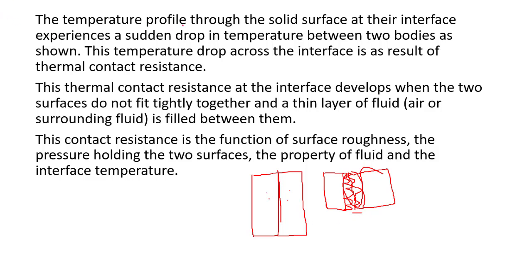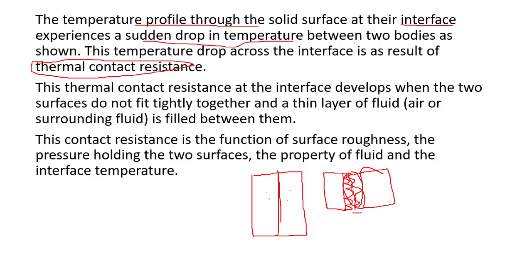The temperature profile through the solid surfaces at their interface experiences a sudden drop in temperature between the two bodies. This temperature drop at the interface is the result of thermal contact resistance.